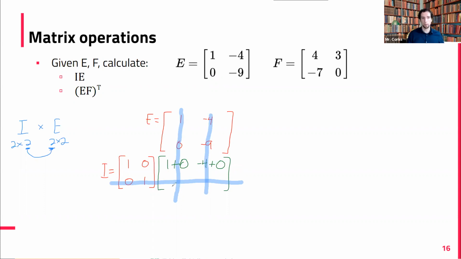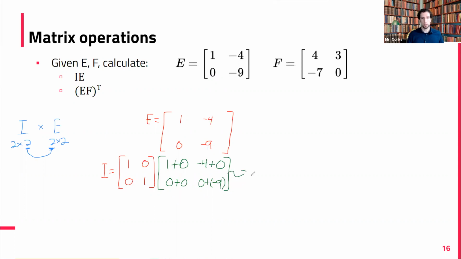What numbers will we get in here, the second row? 0 plus 0. 0 plus 0, okay, and 0 plus -9. So 0 minus 9, but I'm writing it as the -9 just for clarity here. Okay, so those are the values in those cells.